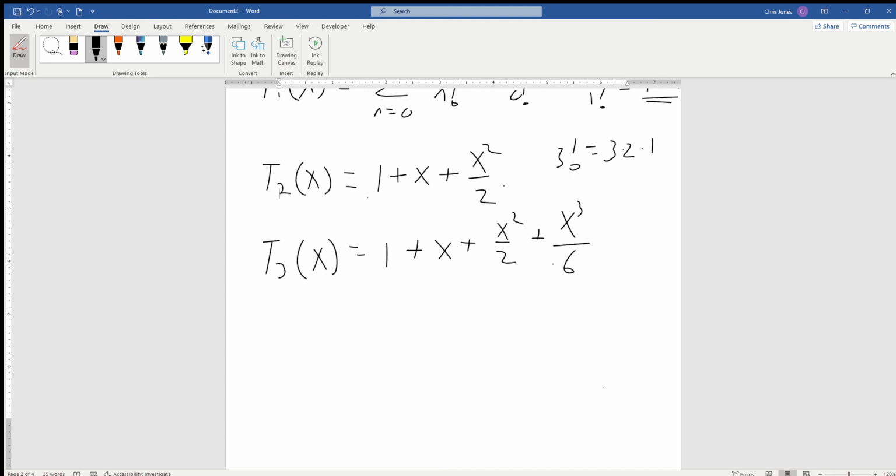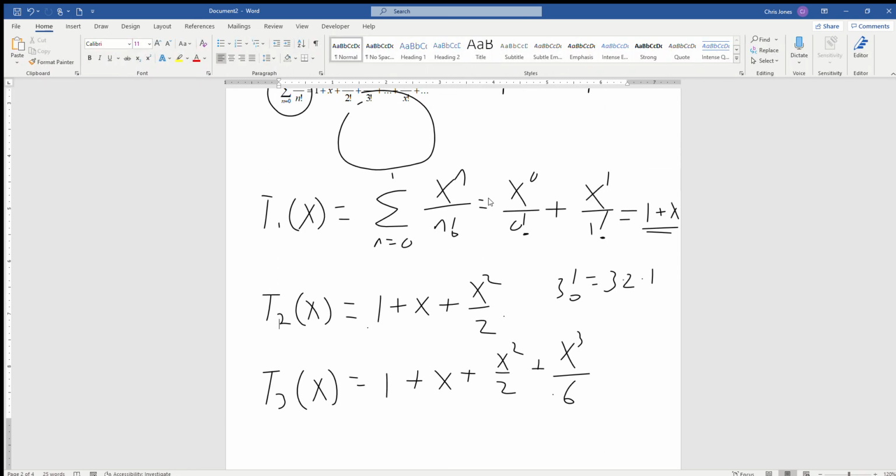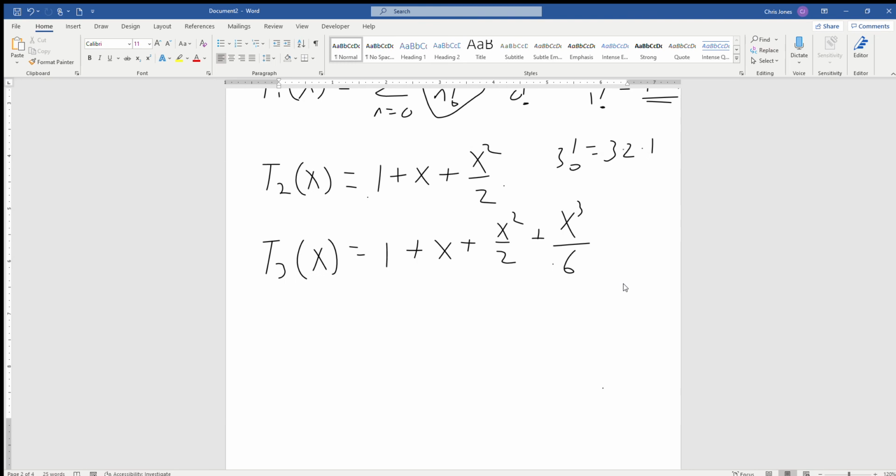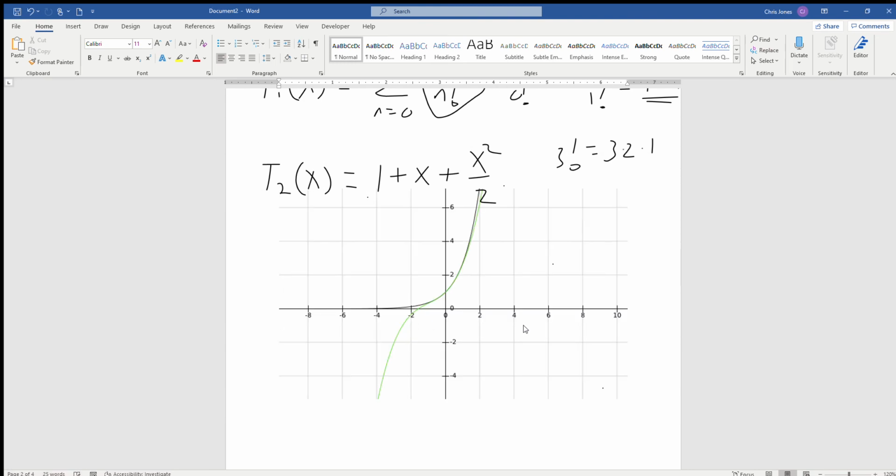All we're doing is subbing everything back into this expression each time. As you can imagine, this is going to be a pretty good representation. Around 2, yeah, this is pretty good. Maybe right about here, it's a decent representation. Not really great, but not all that bad either.